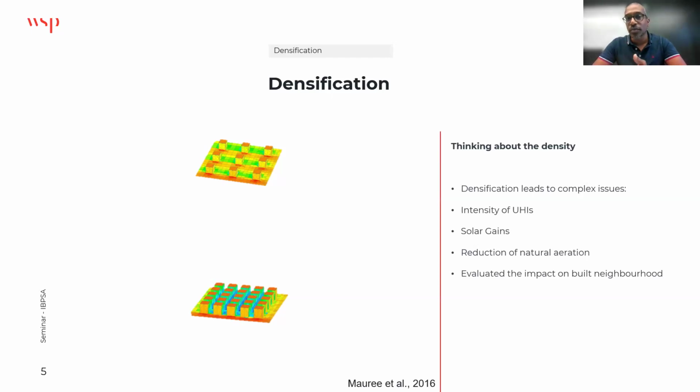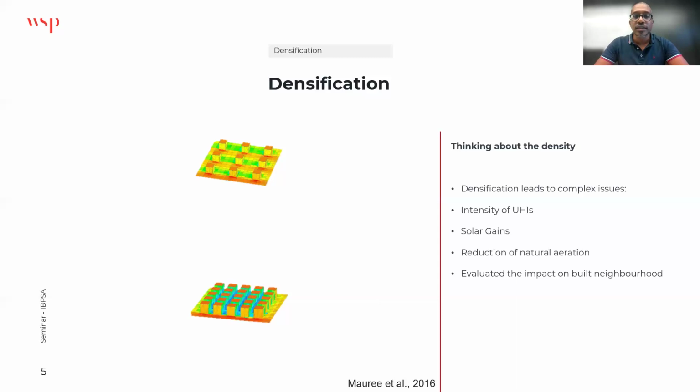So the first scenario that was obvious for us to look at was the densification scenario. This was an example of a simplified test that we did over a neighborhood in Nablus in Palestine. Because densification leads to a complexification of the urban heat island issue, with a reduction in solar gain and also in natural aeration, that we want to improve with mitigation scenarios for climate change.